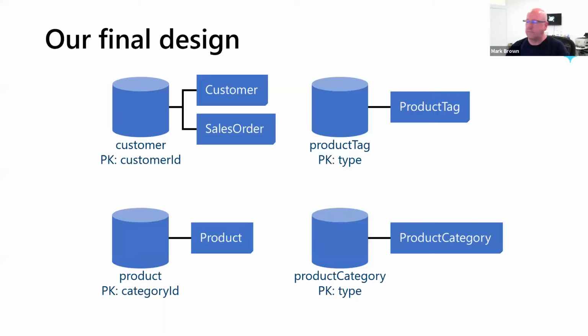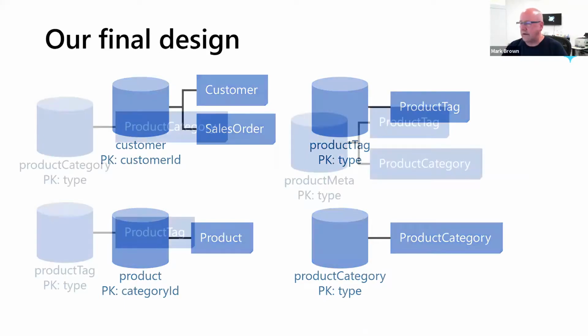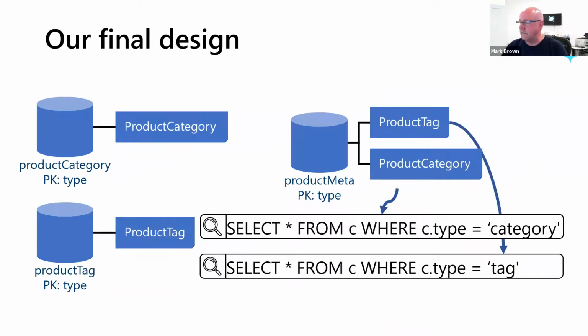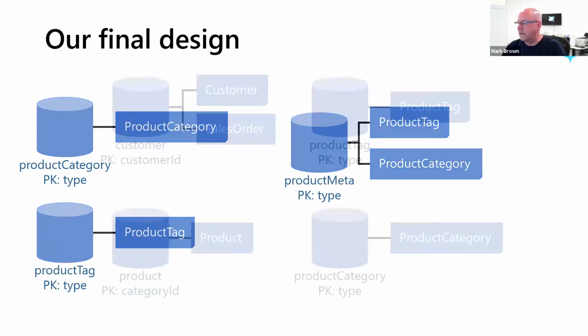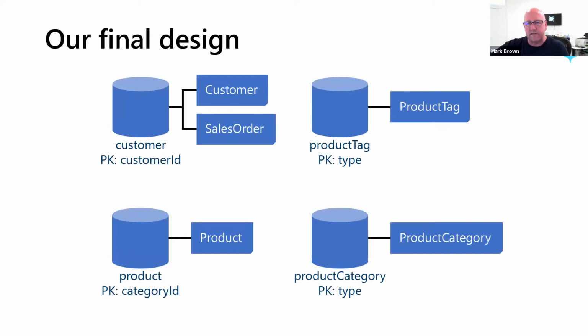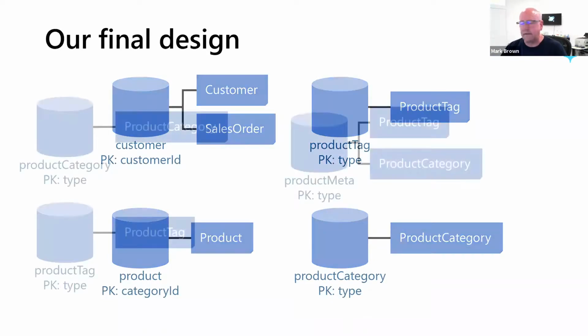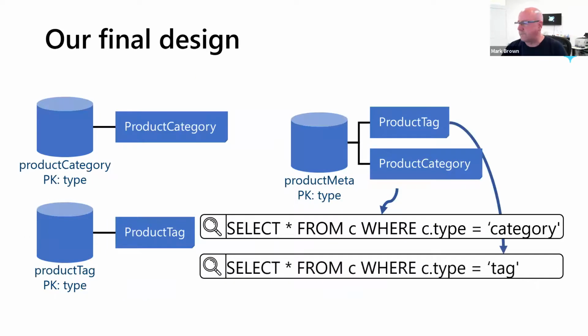And so here we're looking at our near final design. We've gone from 9 tables down to 4 containers. Another thing too is I can actually merge my product tag and product type. If you notice here, they've got the same partition key, it's type. So no reason why I can't merge those even further and put them into a single container.